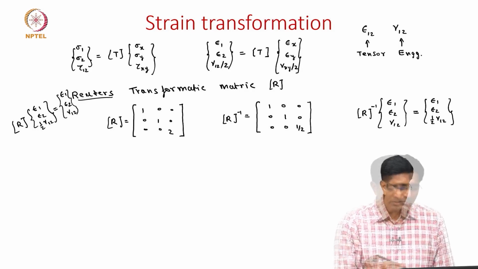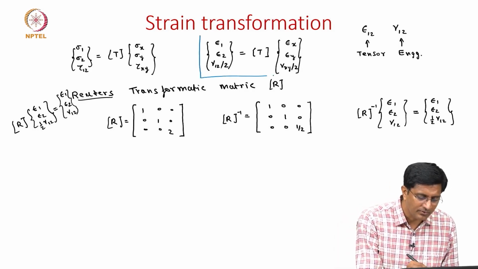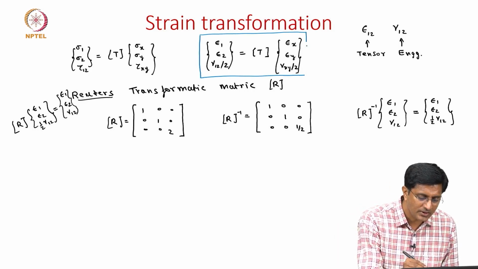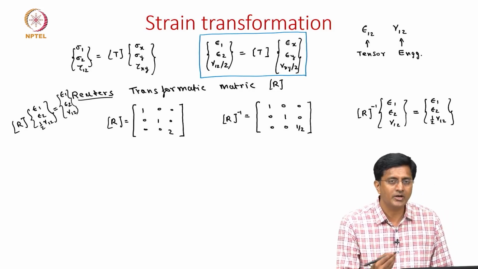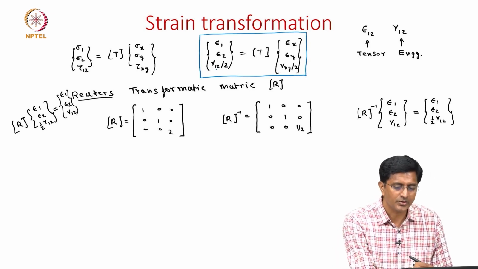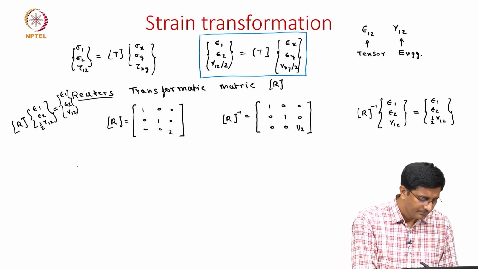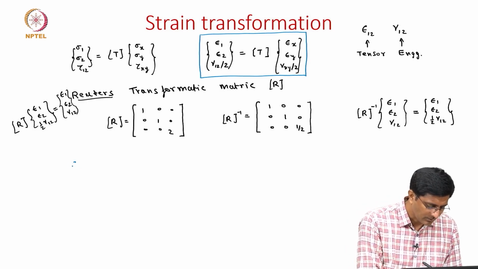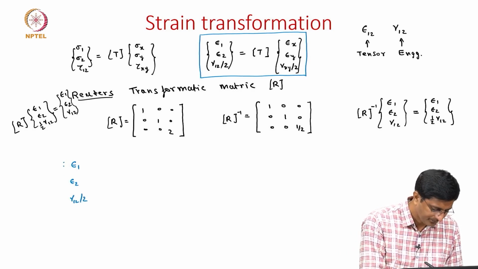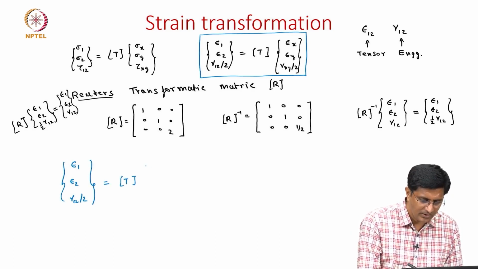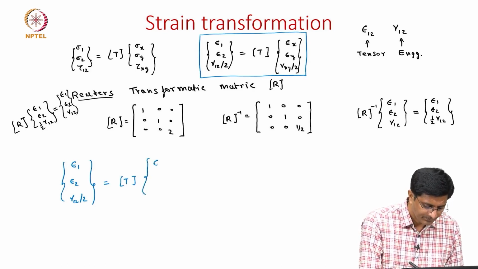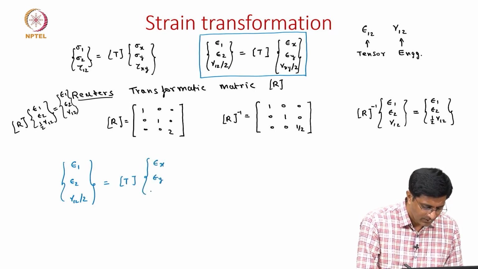Okay. We will again start from this relation where we have strains both in material and the body coordinates, but this time let us try to write it using the engineering quantities instead of the tensorial quantities. So, we will start with the same thing: epsilon 1, epsilon 2, gamma 1 2 by 2 is the transformation matrix T times epsilon x, epsilon y and half of gamma x y.